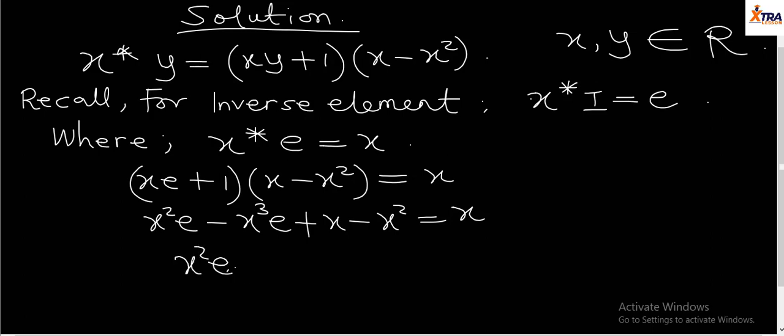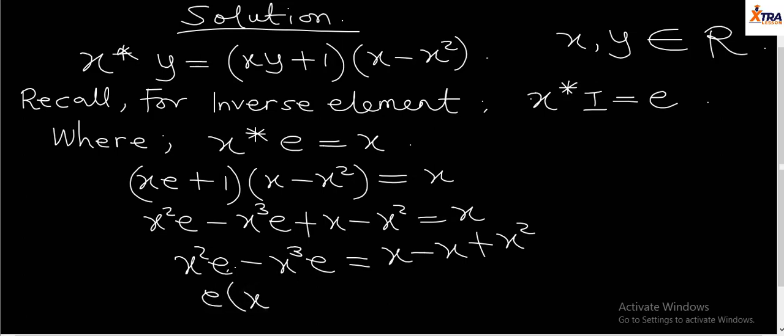I'll have x squared E minus x cubed E equals x minus x plus x squared. In this case, I'll be getting E into brackets x squared minus x cubed equals, our x will cancel out each other, and we'll have x squared.